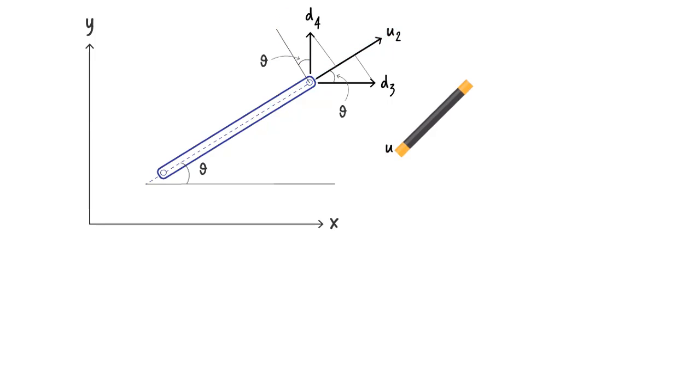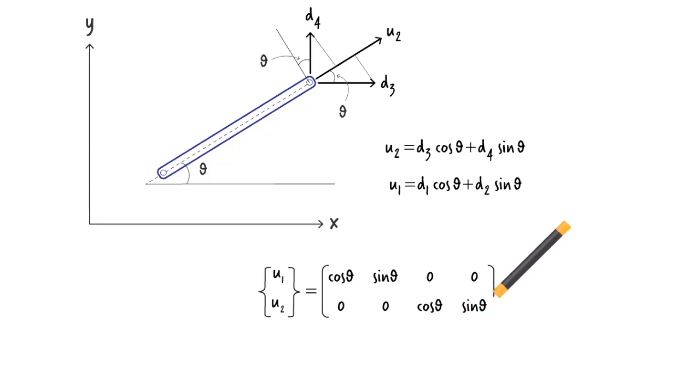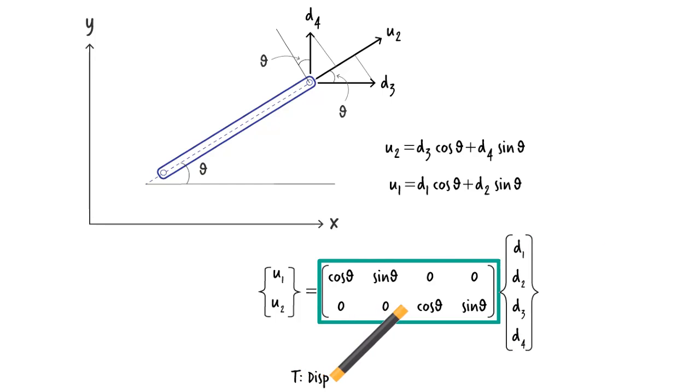So we can say, similarly, for u1 we can say, expressing these two equations in matrix form, we get: we label this matrix T and call it the displacement transformation matrix.